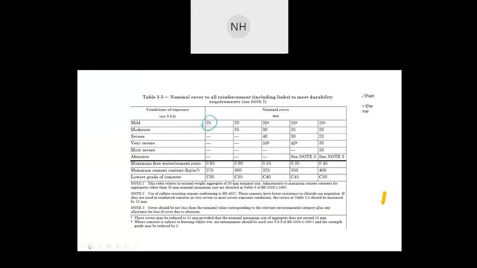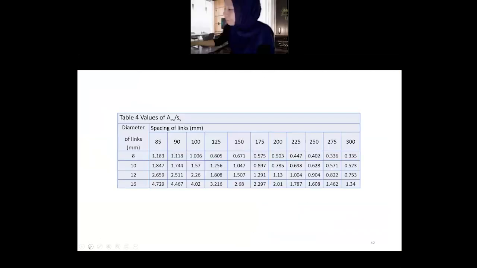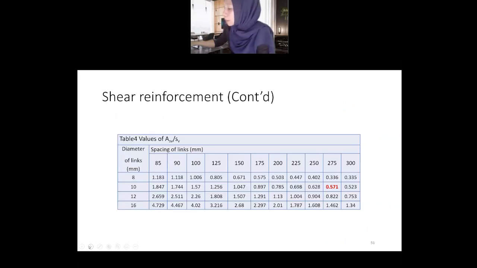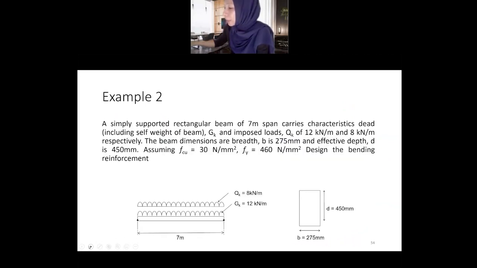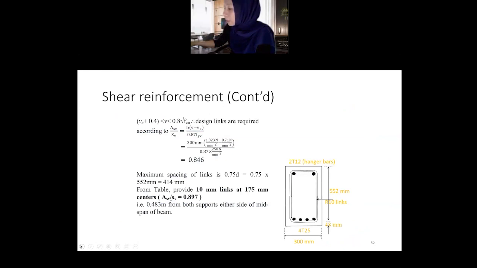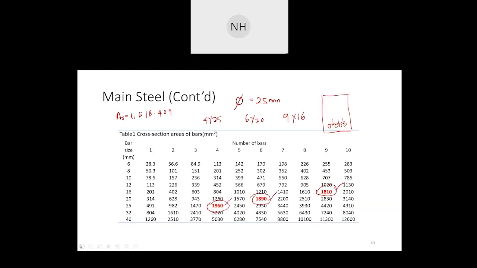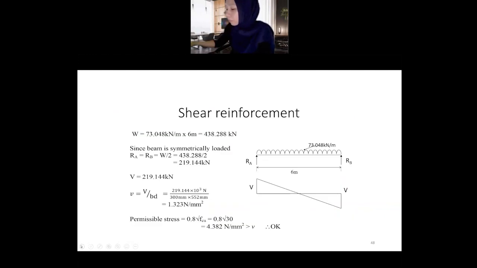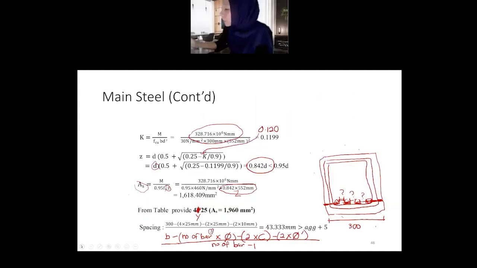Okay. Kalau kata kan, sekarang ni you tahu HAGG apa nak mention, kita pakai 25 mm. Kita pakai 25 lah. HAGG kita pakai 20 mm.